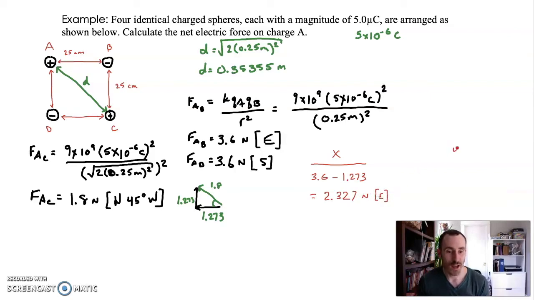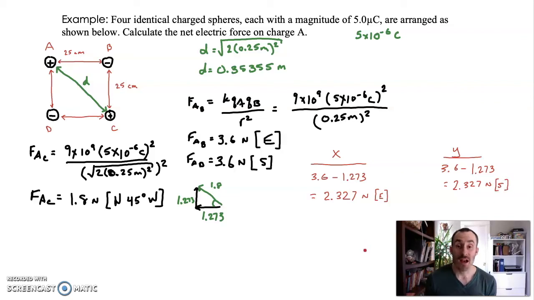And then when we do the y components, we're doing exactly the same thing. 3.6 minus 1.273 gives us 2.327 newtons toward the south.